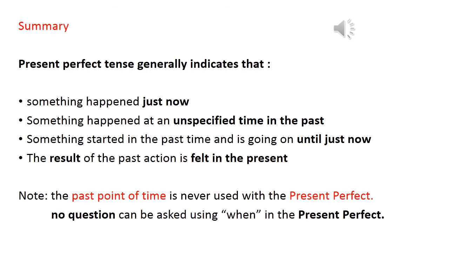We'll be talking about all these things when we go into correction of sentences once again. So note that the past point of time is never used with the present perfect. No question can be asked using when in the present perfect. So that is also a clue that you can keep in mind, and that will really be helpful to you, and it will make you understand the lesson better.